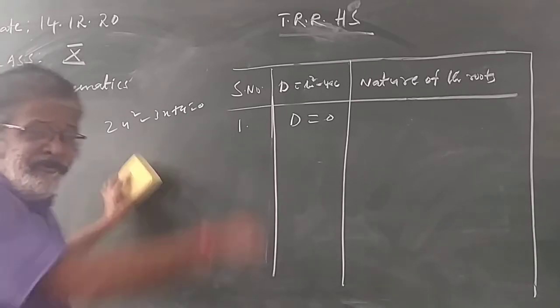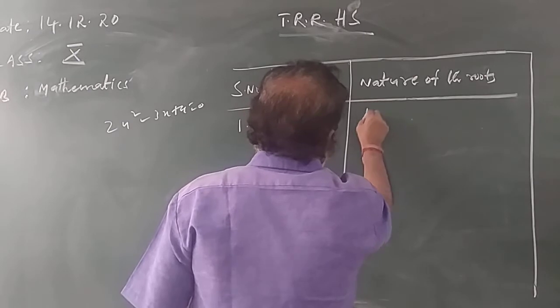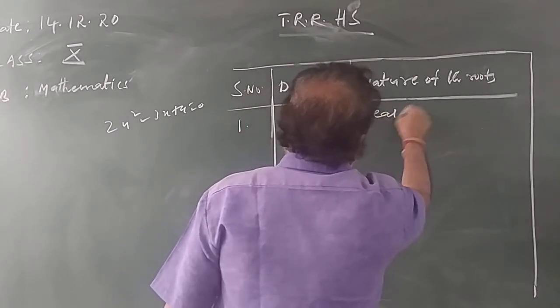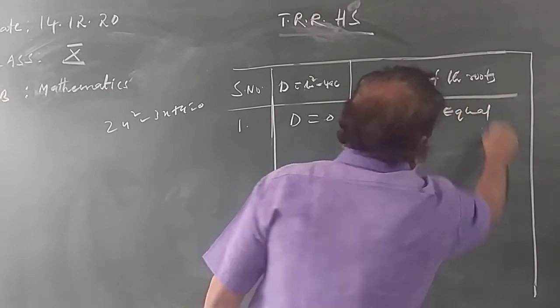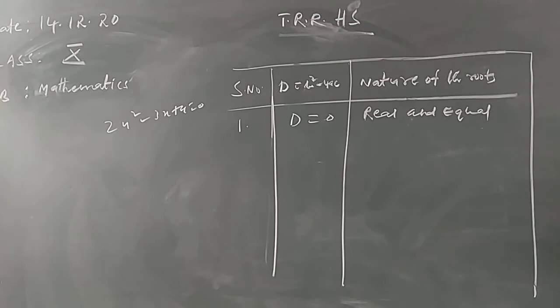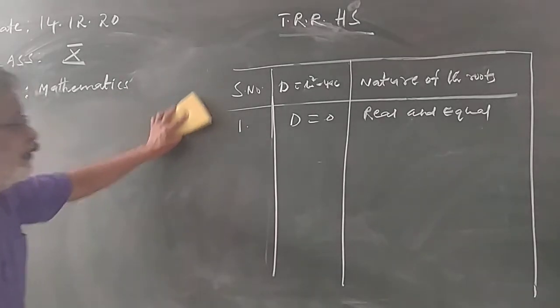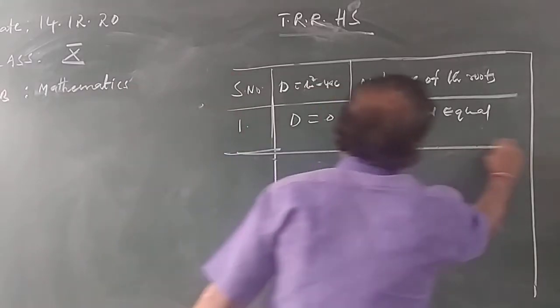If you get the discriminant as 0, if D is equal to 0, roots are real and equal. If the discriminant value b square minus 4ac is 0, the nature of the roots is real and equal.